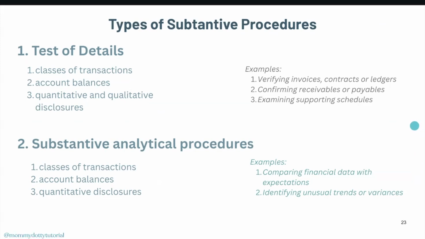It means that the management is not telling you the truth. The second one is to identify unusual trends or variances. Okay. The decision as to which type of procedure should apply is based solely on the auditor's judgment after consideration of information obtained during the risk assessment. That's what we call professional judgment.